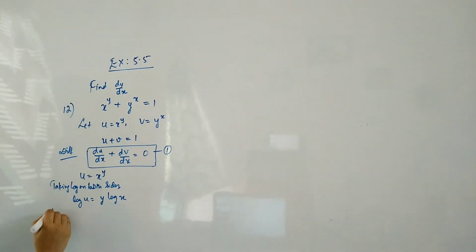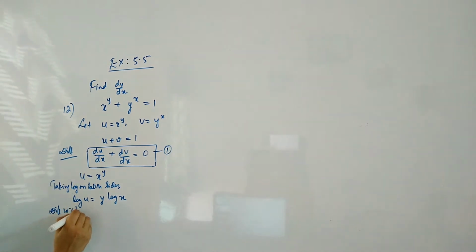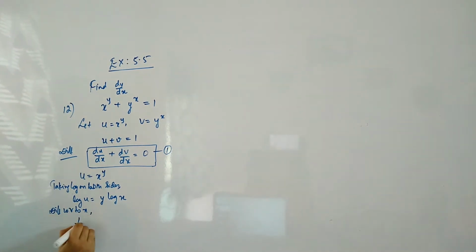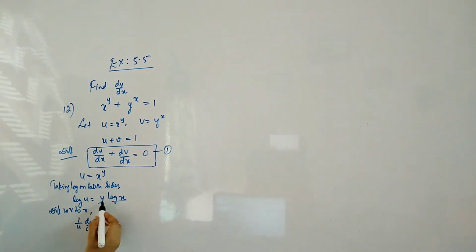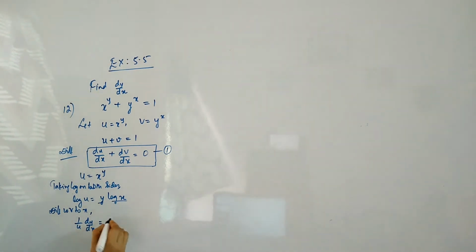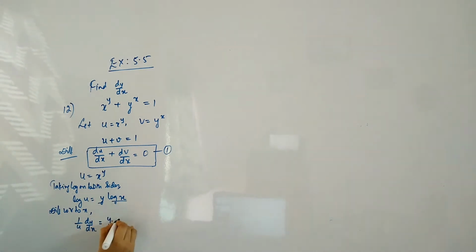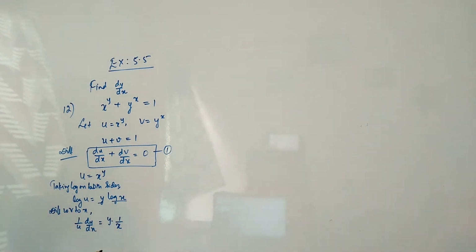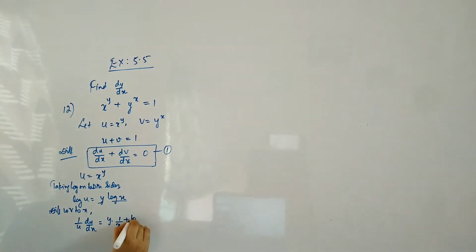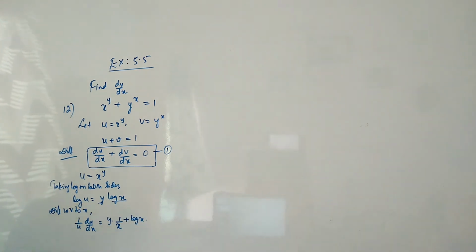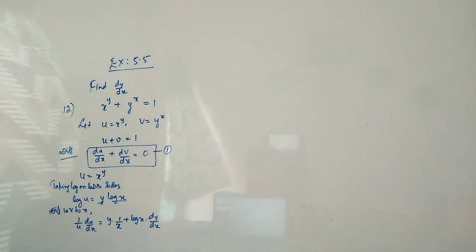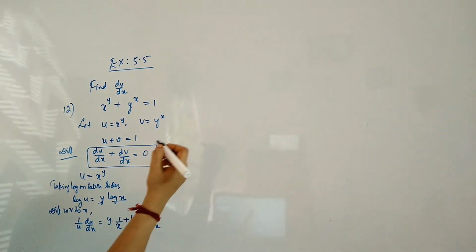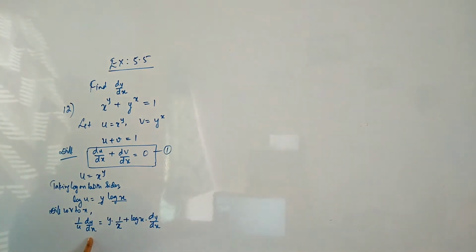So what will you get? This will become 1 by u du by dx is equal to, again product rule, you have two functions. So you will have y into derivative of log x, which is 1 by x, plus log x into derivative of y. What is derivative of y? It is dy by dx. From here you have to find out du by dx.